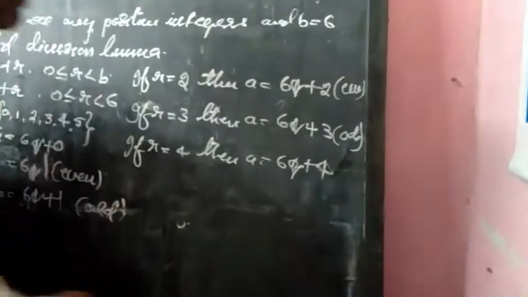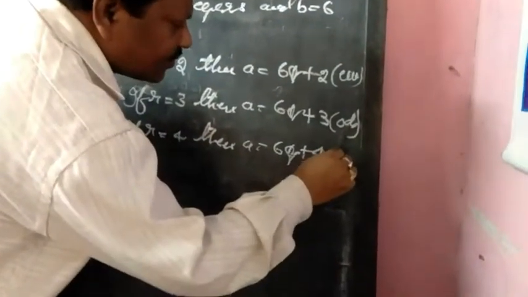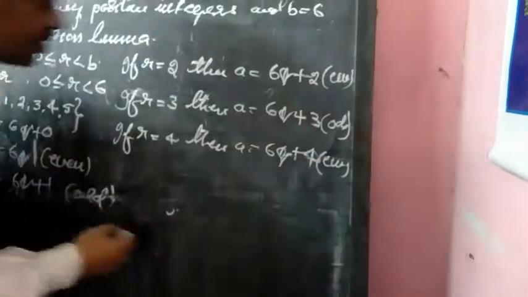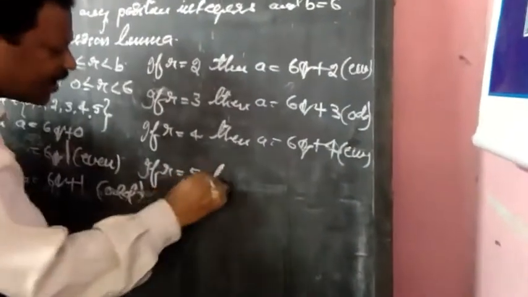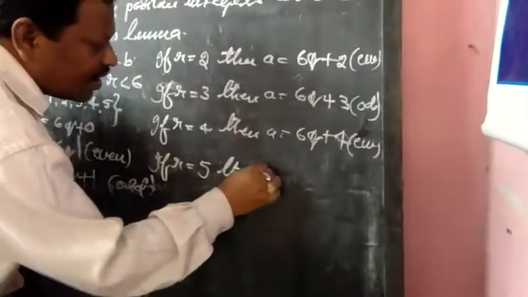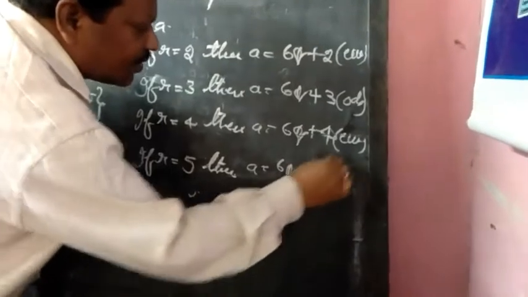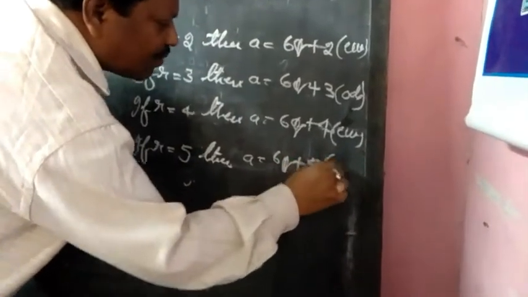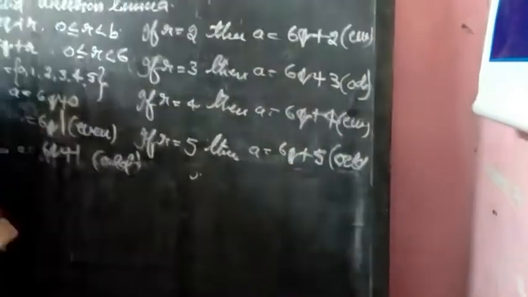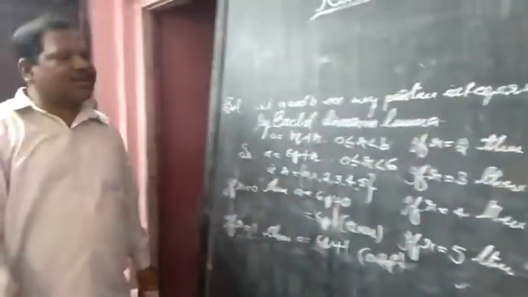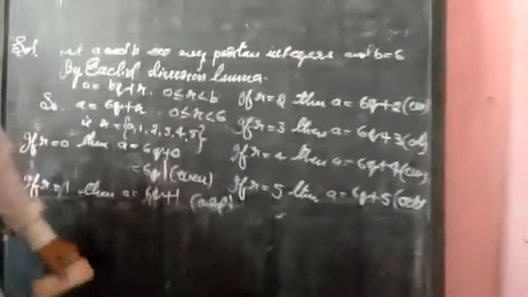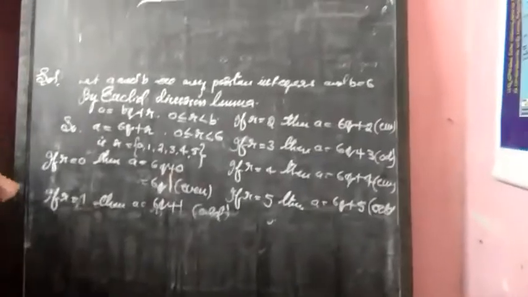Clearly 2 is a factor, so it is even. If r equals 5, then a equals 6q plus 5, clearly an odd number. So what do you observe?